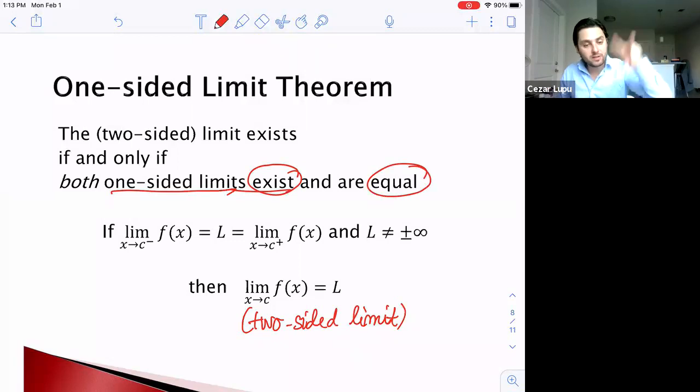If, moreover, these two agree with the value, then we'll say the function is even more, it's actually continuous. But for the limit of the function to exist, both one-sided limits have to agree. In other words, they must exist and must be equal. This doesn't happen for any function. There are functions for which the limit at a point does not exist, and we'll see examples.